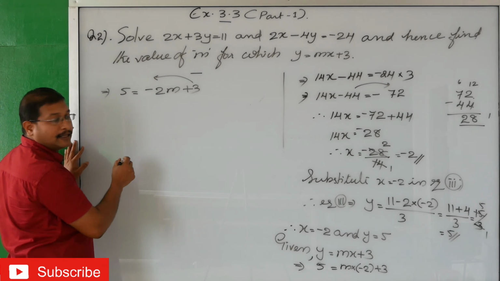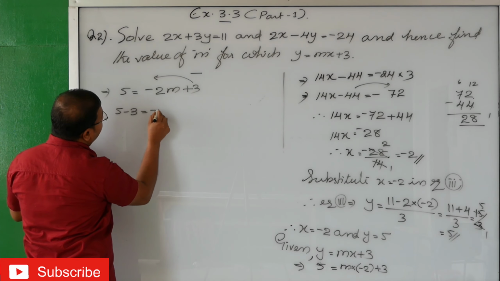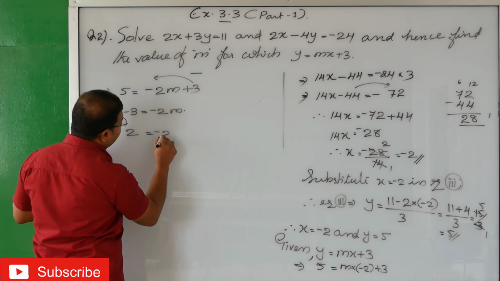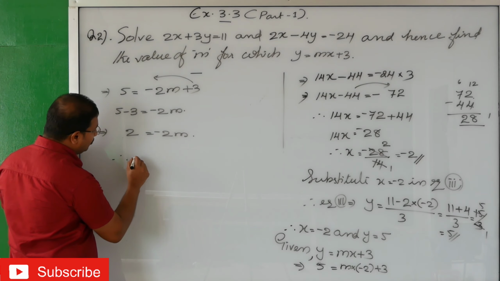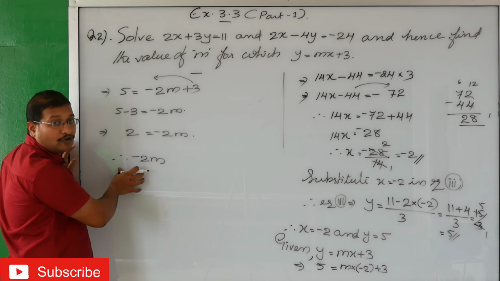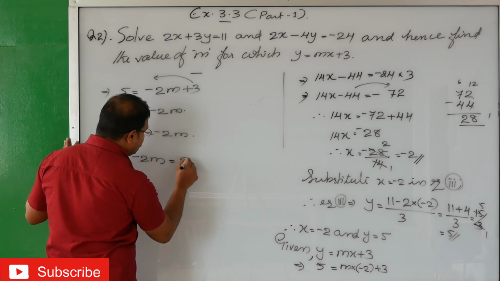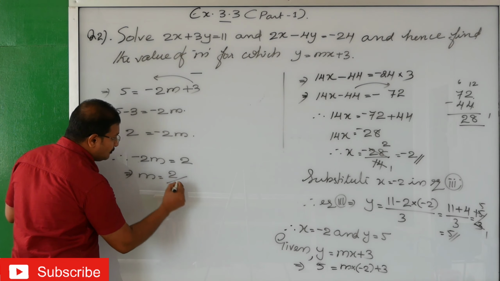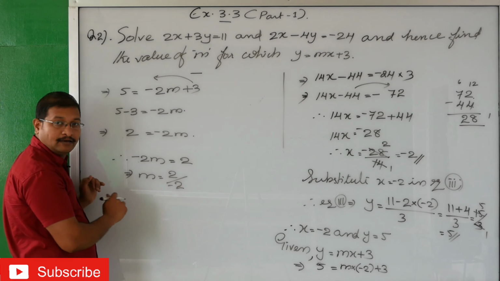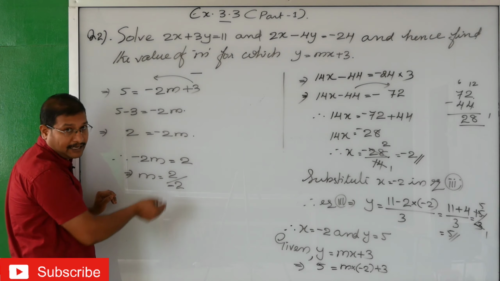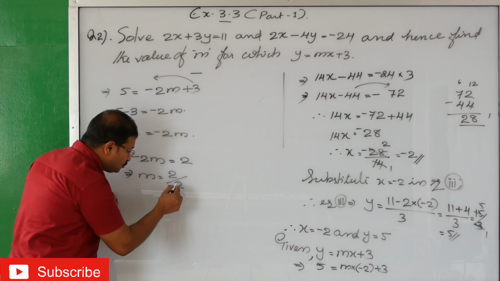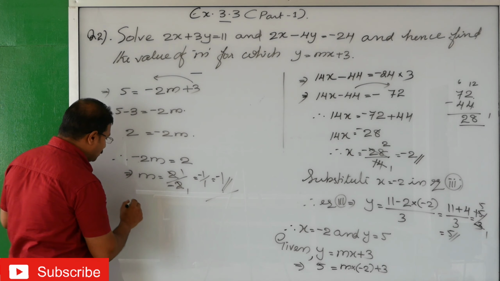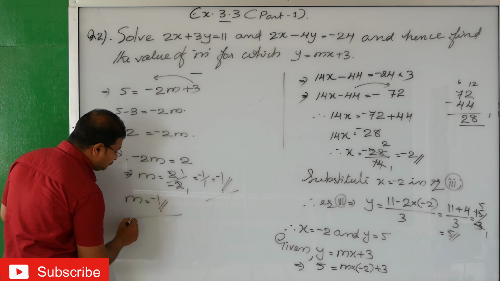This 3 will carry to the next side. That means 5 minus 3 equals minus 2m. This implies 5 minus 3, that's 2. 2 equals minus 2m. Therefore, minus 2m, this right side I will carry to the left side, left will carry to the right, equals 2. This implies m equals 2 by minus 2. 2 by minus 2 means this minus we can write in the numerator, but before that we can cancel by 2. 2 1s are 2, 2 1s are 2. So, we will get minus 1 by 1, minus 1. So, m equals minus 1.